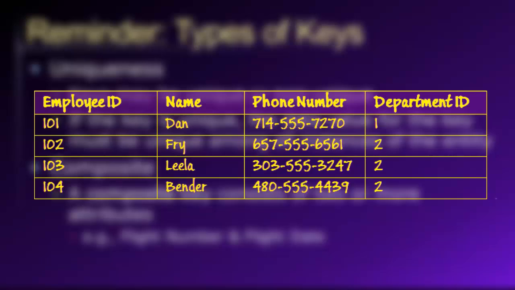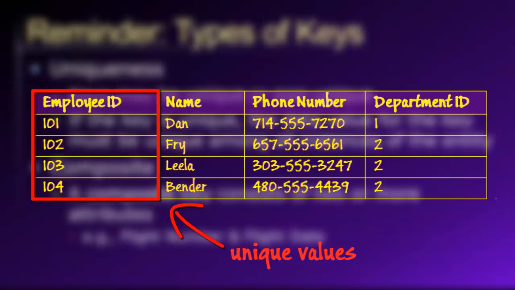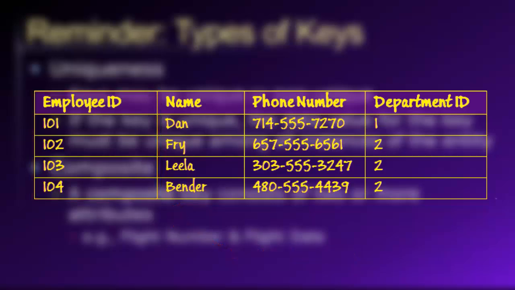For example, our employees may have an employee number, and we would almost certainly want each employee to have a unique employee number so that we can keep track of our employees individually by using that number.